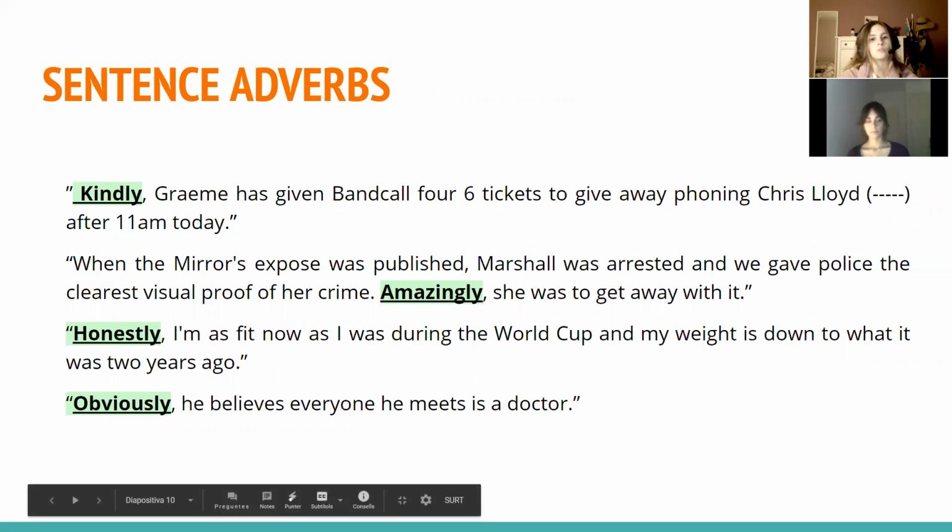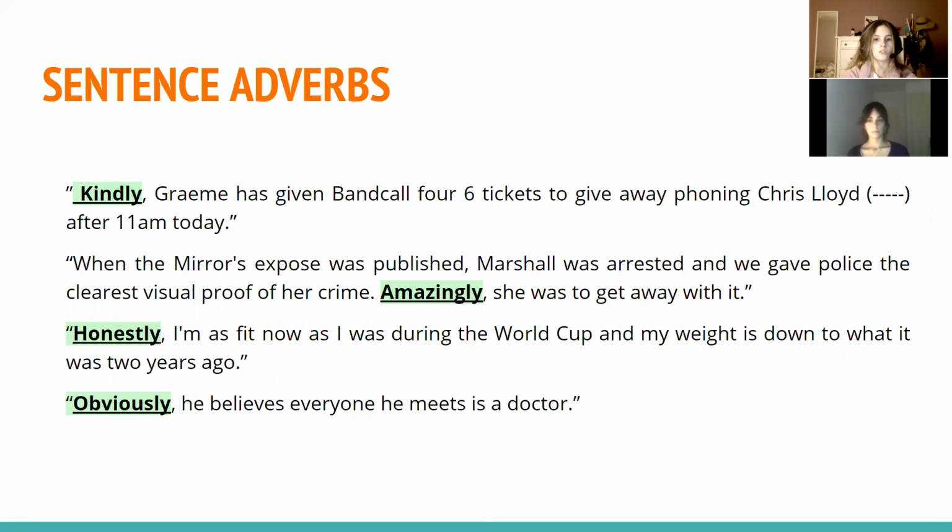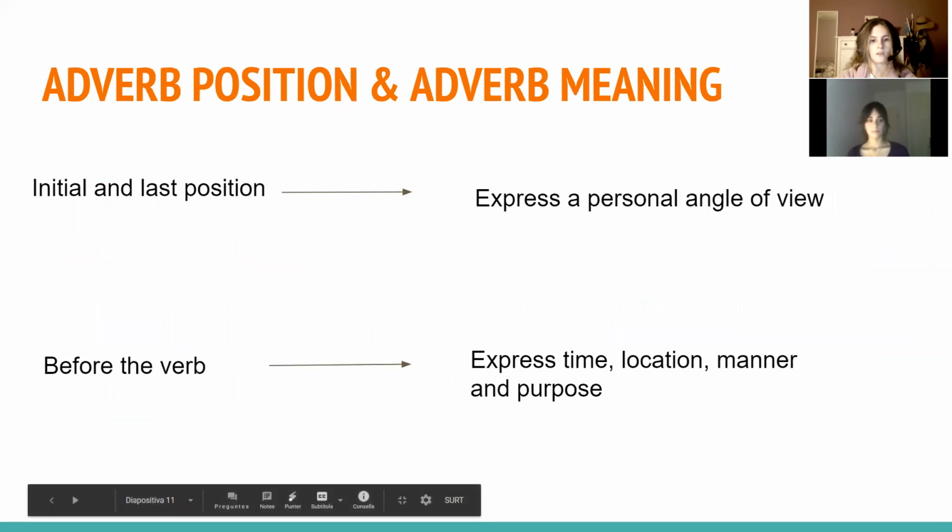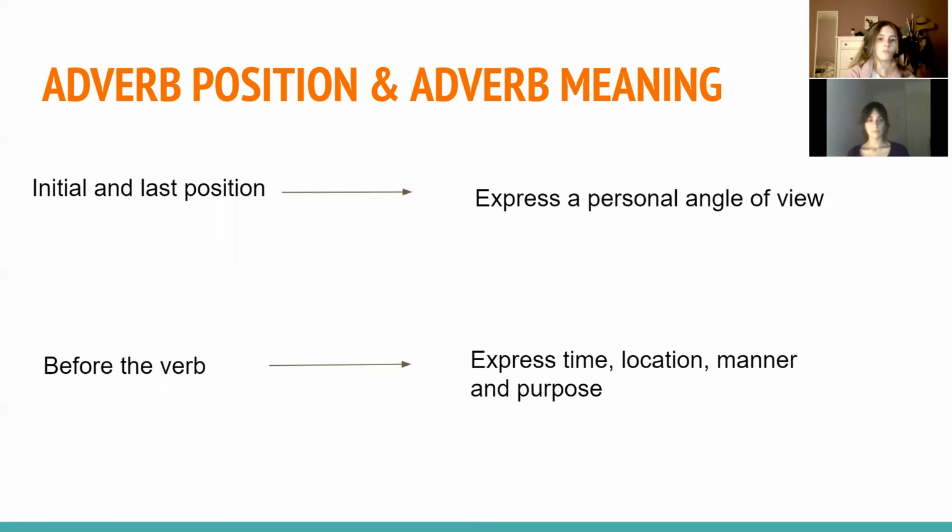These examples express different meanings. The first three are evaluative adverbs, which express an opinion, and the last one is a modal adverb that expresses certainty. To conclude, regarding the relationship between the adverb position and the adverb meaning, depending on the position in which the adverbs are placed, the sentence acquires one meaning or another.